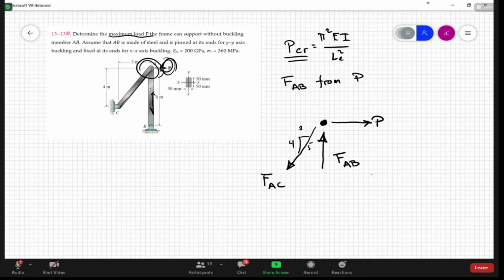Let's do sum of forces in the X and the Y direction.